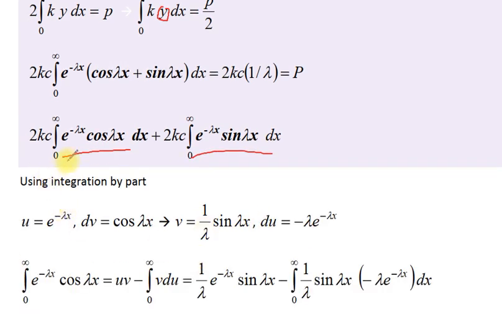For each part we have to compute the integration: e to the minus lambda x cosine lambda x and e to the minus lambda x sine lambda x.